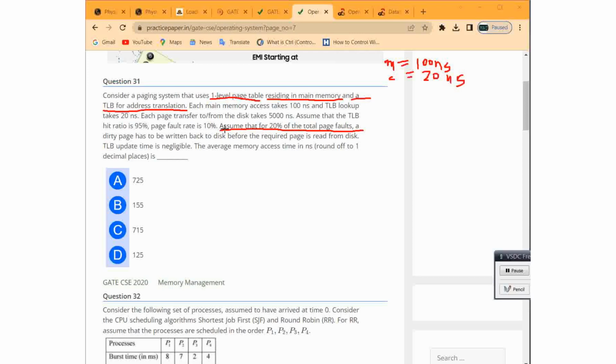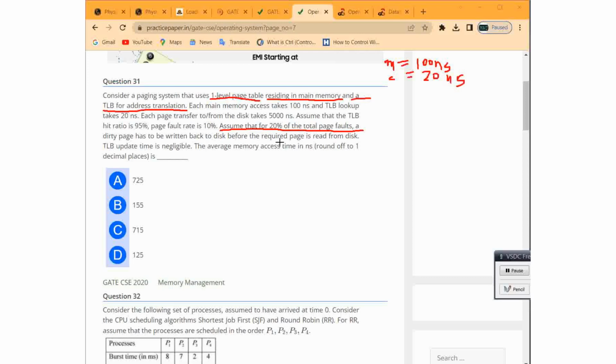What this question is trying to say is that from the total number of page faults, 20% are dirty pages, which means we have to write back the value of that page to disk and then fetch the value of the required page from the disk.